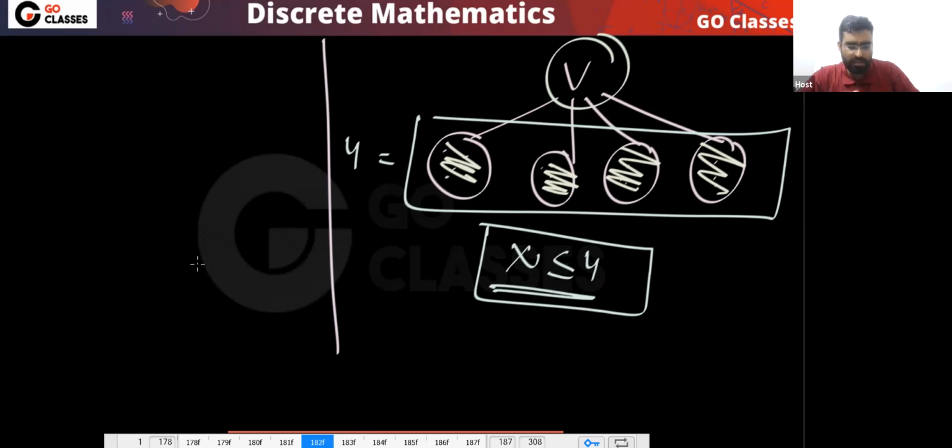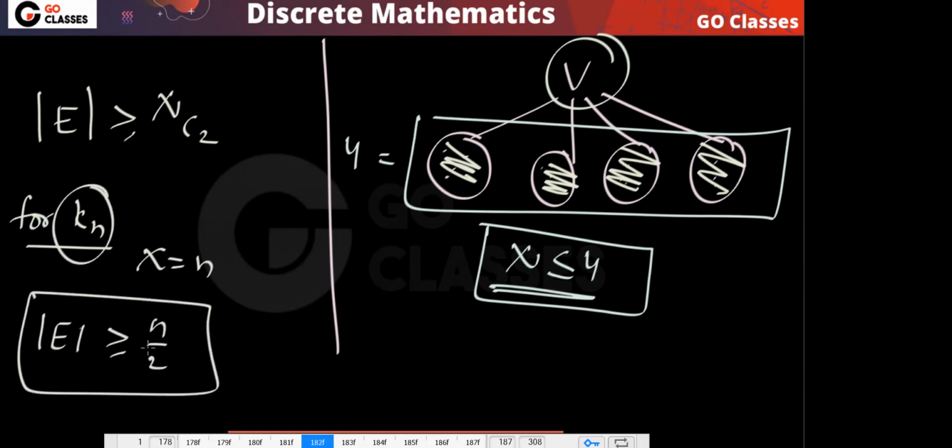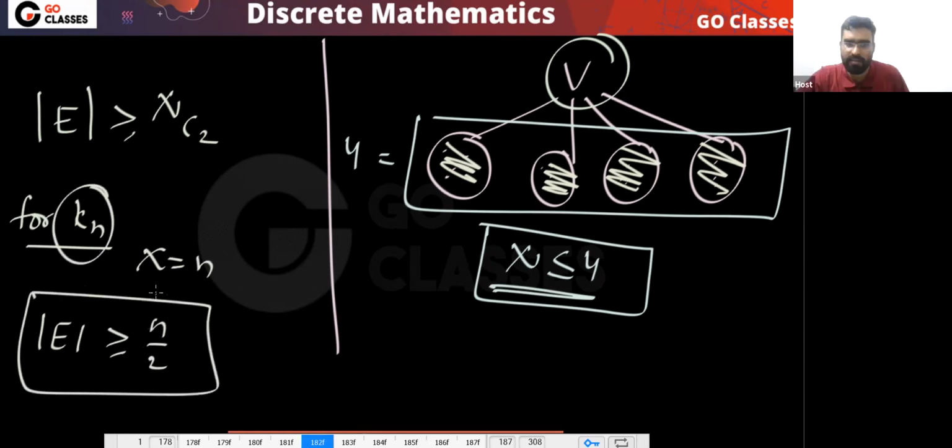And this theorem that we have, that the number of edges will be greater than or equal to zeta C2. If you notice, for the complete graph Kn, zeta will be n. And actually this is correct. The number of edges in Kn is greater than or equal to nC2, and actually this will become equal for Kn.